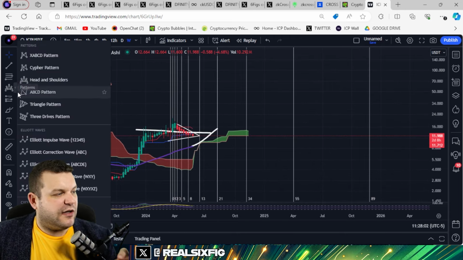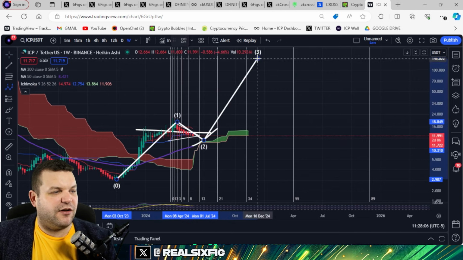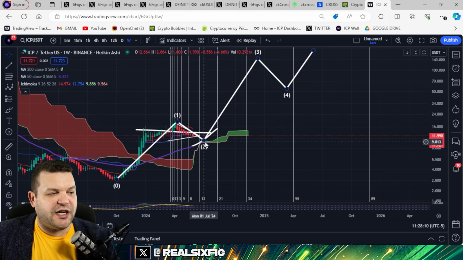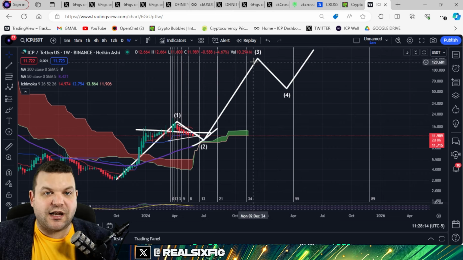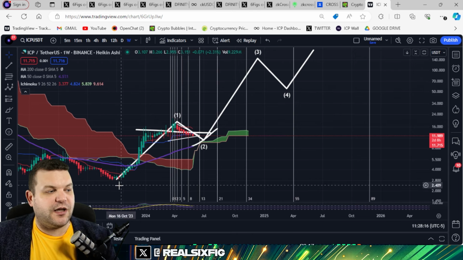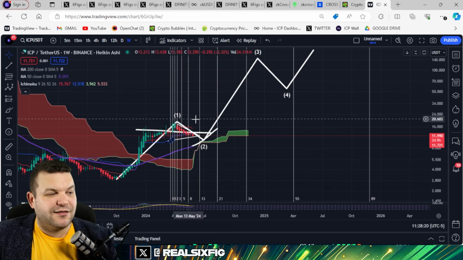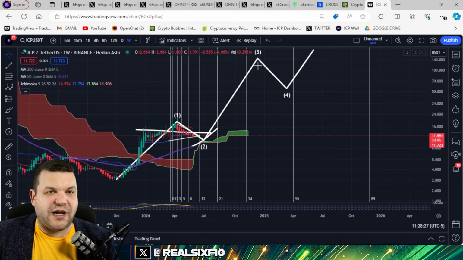One thing that I'm always looking for too is the presence of Elliott wave theory. And when you start talking about Elliott wave theory, by default, span 2 to 3 can never be the shortest span of the sequence. So that means by default 0 to 1 has to be at least the bare minimum of span 2 to 3.